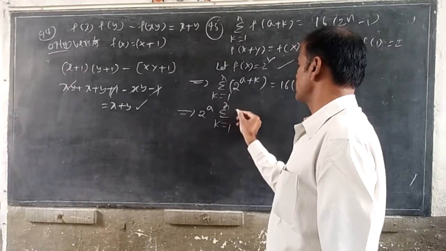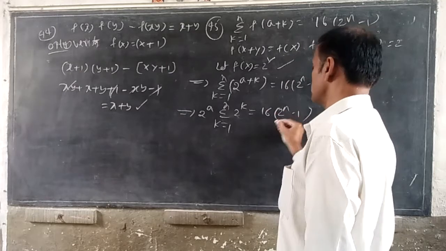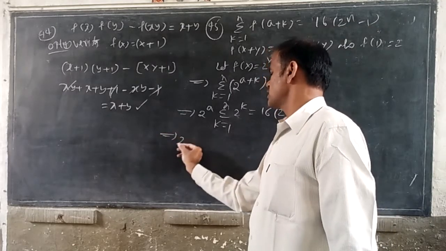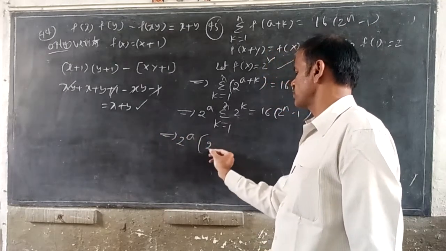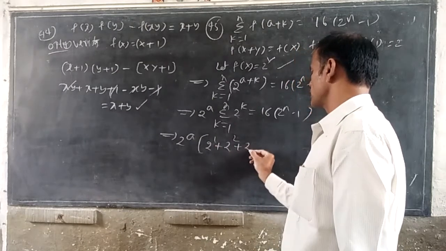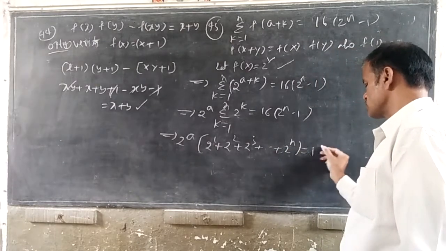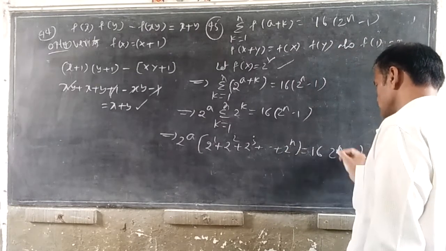Sigma k equal to 1 to n of 2 power k is equal to 16 into 2 power n minus 1. So 2 power a into 2 power 1 plus 2 power 2 plus 2 power 3 plus and so on up to 2 power n is equal to 16 into 2 power n minus 1.